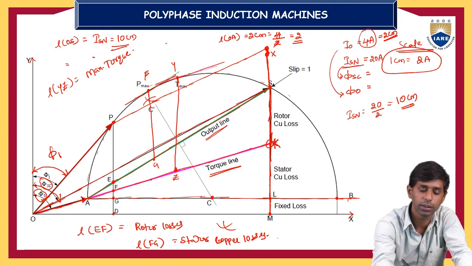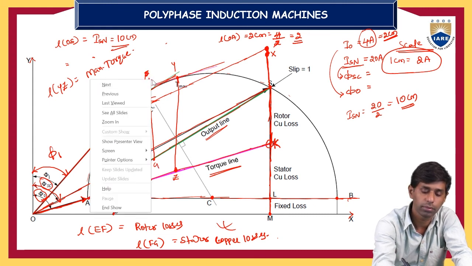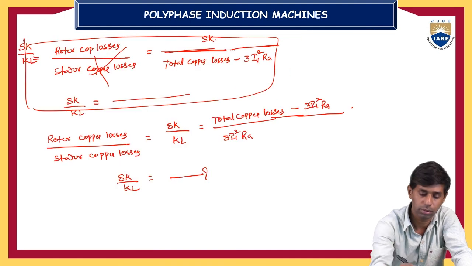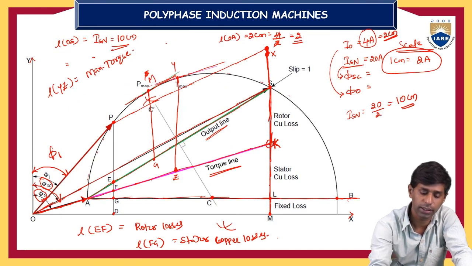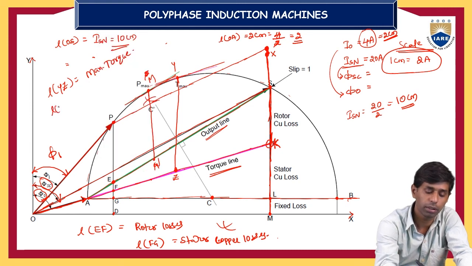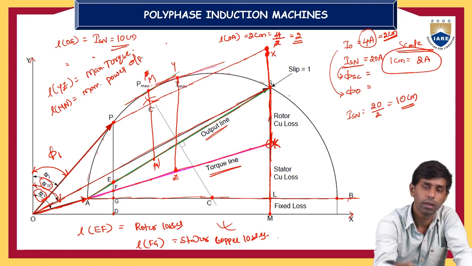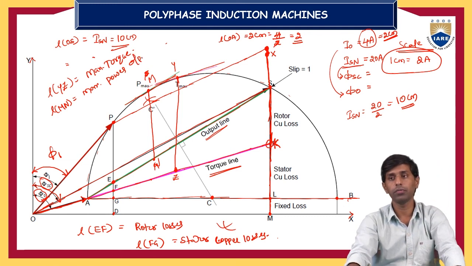For example, it is M and N. And now the length of MN into the power scale represents the maximum power output of the induction motor.